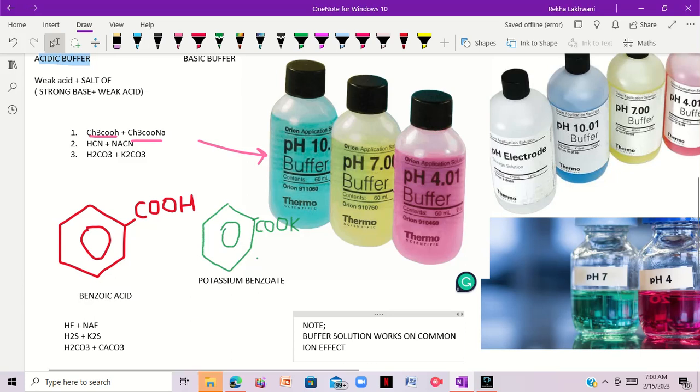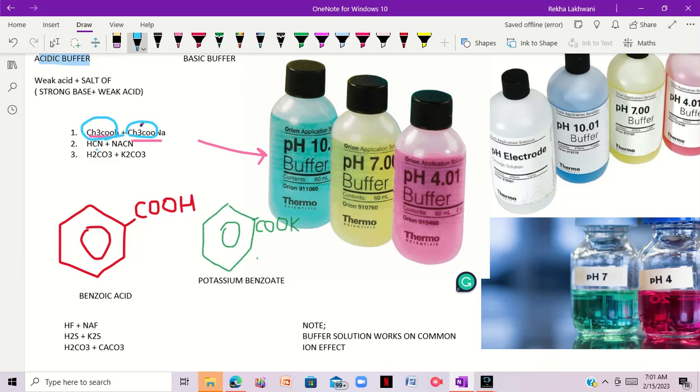As you can see over here, CH3COOH and CH3COONa both share CH3COO, so both are common.